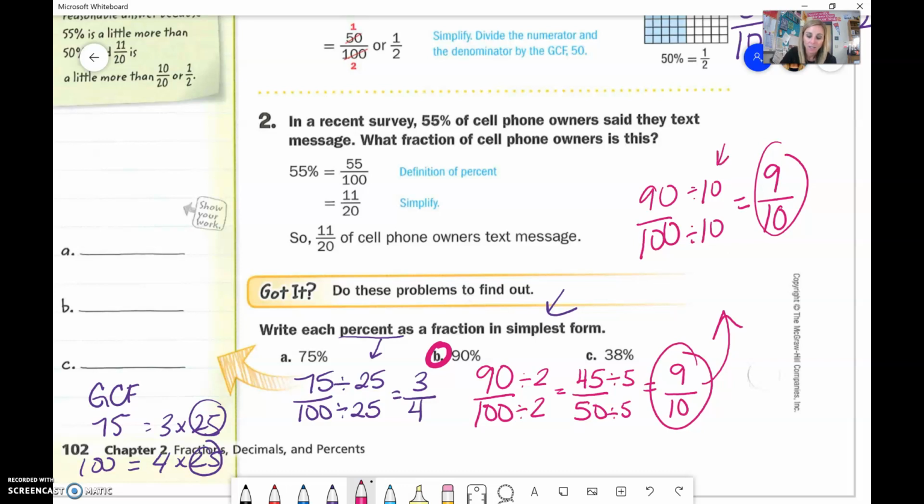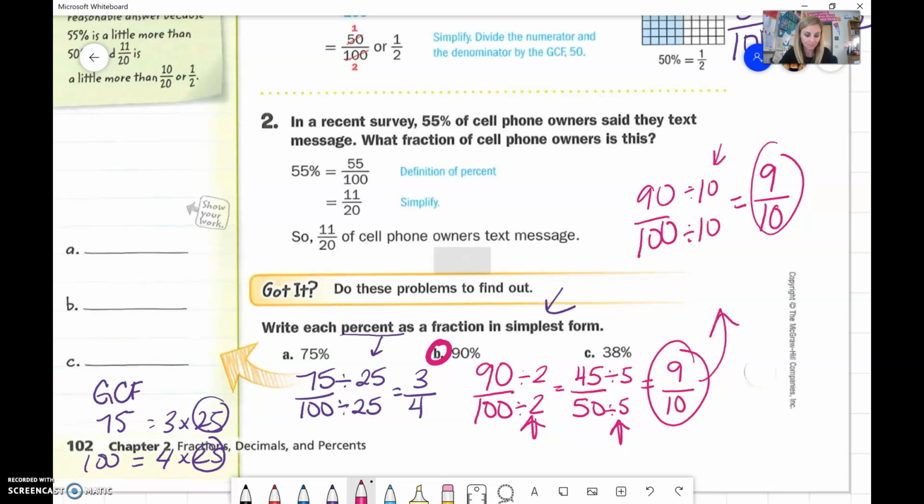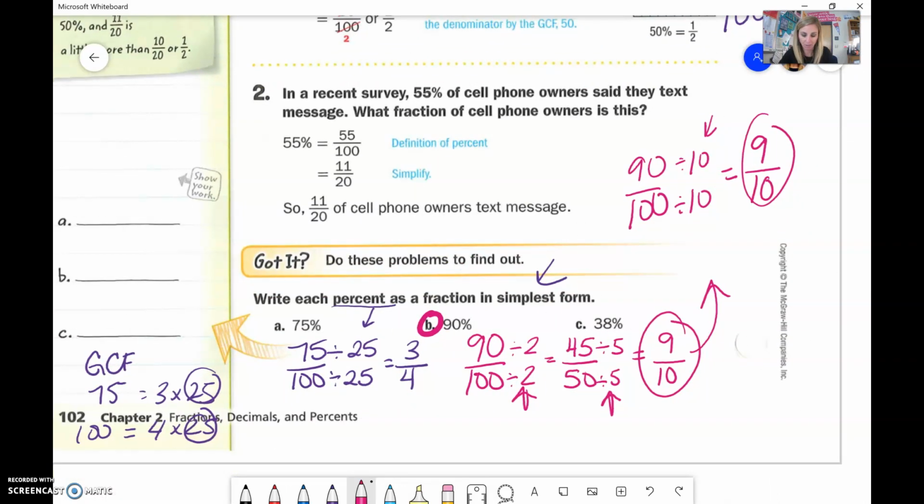Even though I only had to do dividing once there, over here I divided by 2, I divided it twice, but I still got the same answer. So it doesn't matter where you start, as long as you get your fraction to the simplest form. All right, let's take a look at the next page.